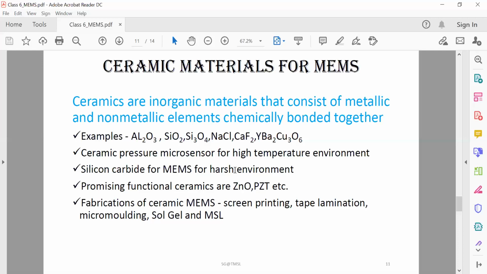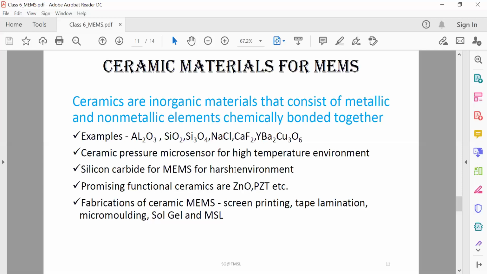So normal metal, polyimide polymer, or semiconductors are not promising. There we have to go for certain ceramic material which can withstand very high temperature, and the other application of ceramics is in harsh environment.